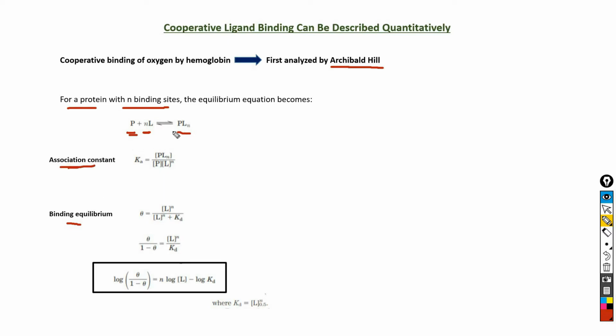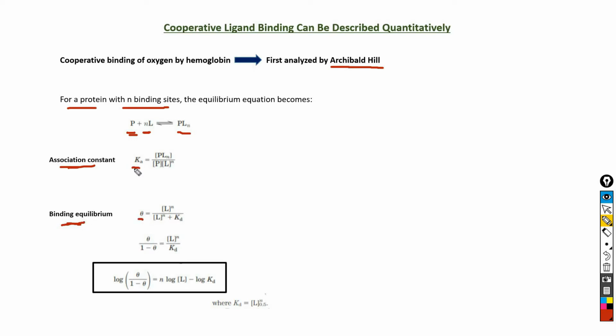Association constant describes the equilibrium between the complex and the unbound components of the complex, and association constant is represented by Ka, whereas binding equilibrium denotes the fraction of ligand binding sites on the protein that are occupied by ligand, and the binding equilibrium is denoted by theta.